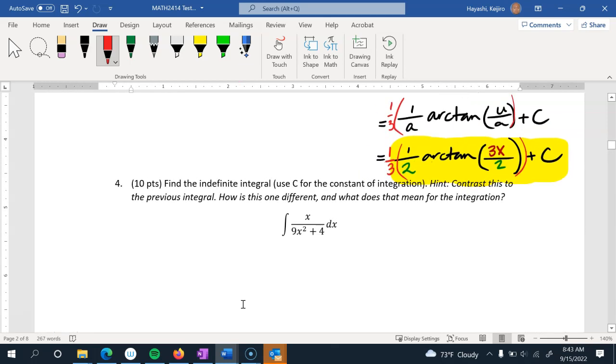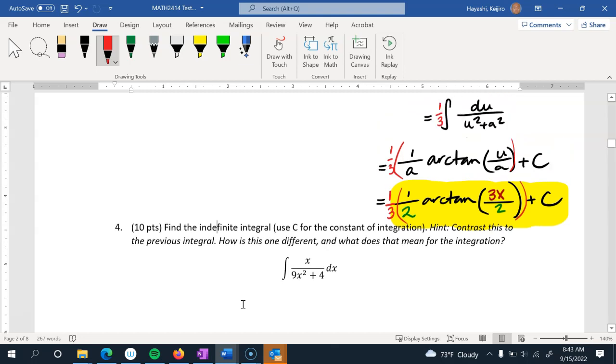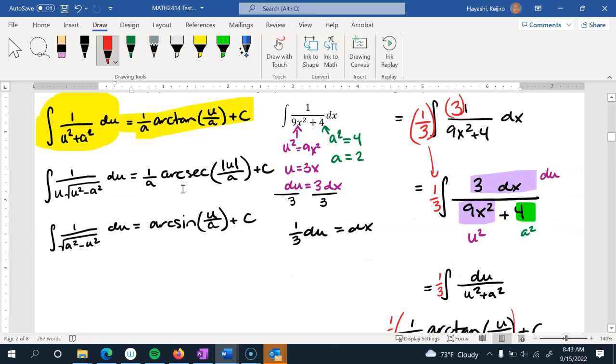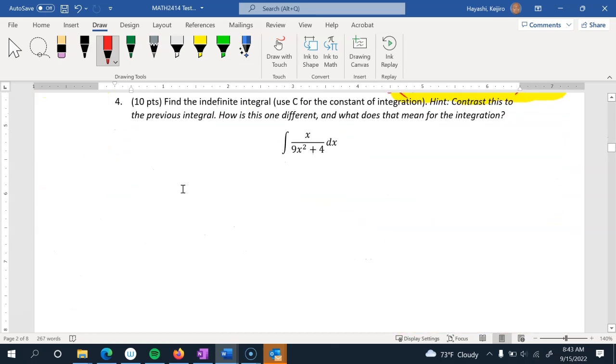And as for what that changes about the actual integration, it changes a lot, specifically because it's no longer going to fit any of these forms, much less the one that we just used. This one has an x on top, not a 1. But what you might notice is that the bottom is quadratic. It's 9x squared plus 4, while the top is linear.